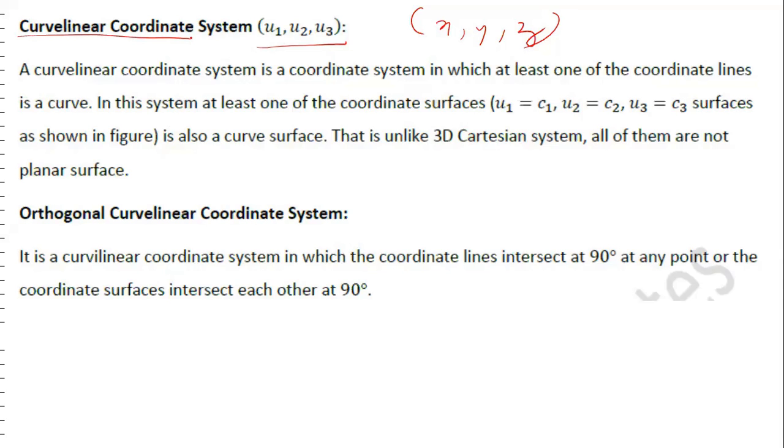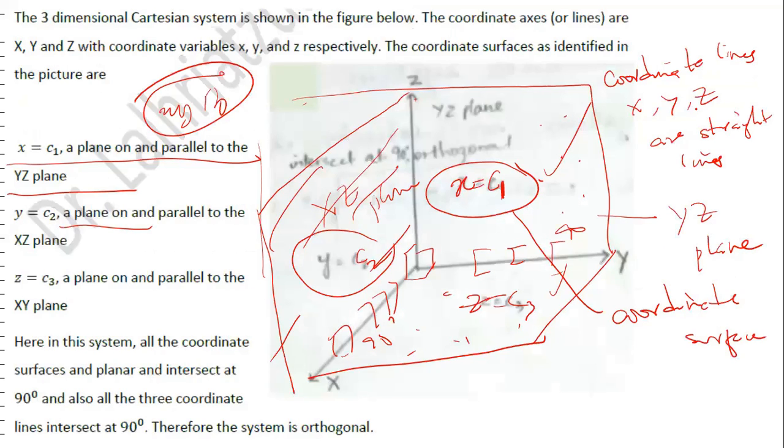Similar to what we have just discussed, the coordinate surfaces can be defined as u1 equal to c1, u2 equal to c2, u3 equal to c3. Similar to this, in the 3D Cartesian system we have x, y, z, and the coordinate surfaces are defined by x equal to c1, y equal to c2, z equal to c3.